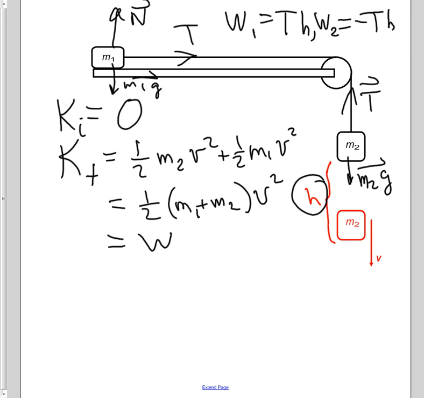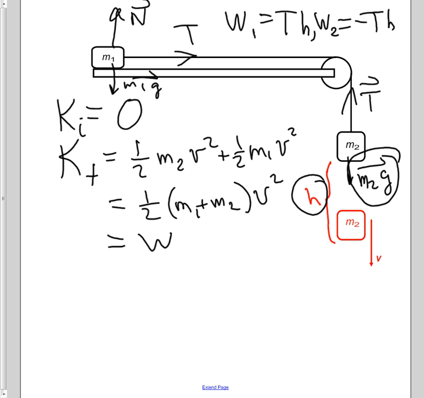So the work done by an internal force here, the tension in the string, is 0. We chalk that up to experience, and we remember in the future that as long as we look at a system, any forces doing work inside that system will end up canceling out.